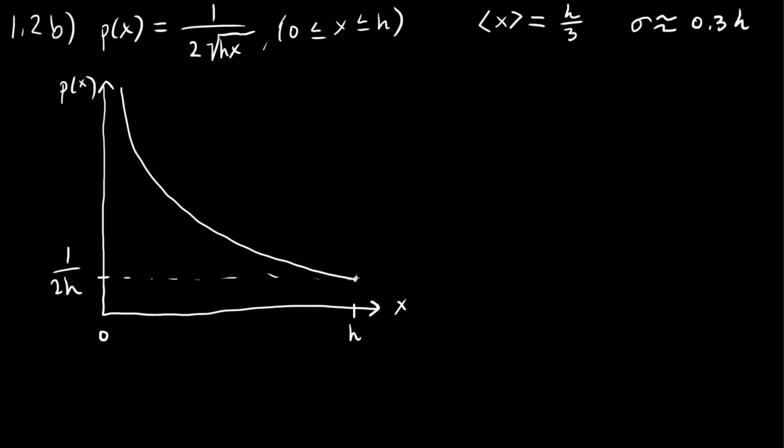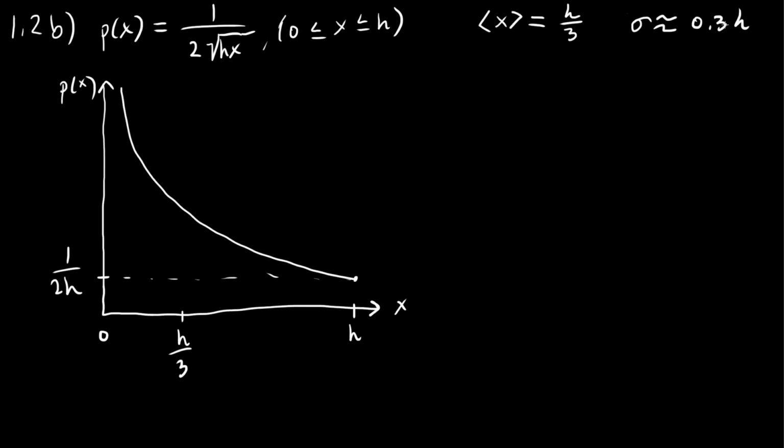So whenever the function ends here at h, when we plug this value in, this becomes square root of h squared, and the square root and squared cancel, so it's just 1 over 2h. And then the function goes all the way up to infinity on the left side as it approaches 0. Now if we were to put h over 3 onto this graph, it will be 1/3 of the way, so let's just approximate that it's right here.